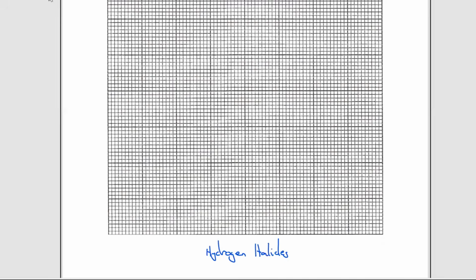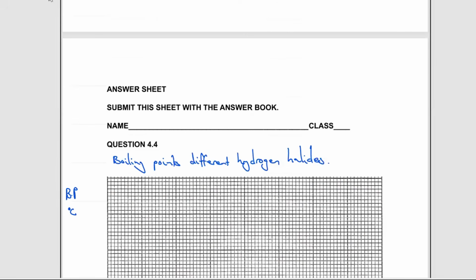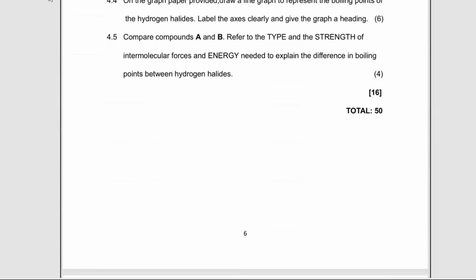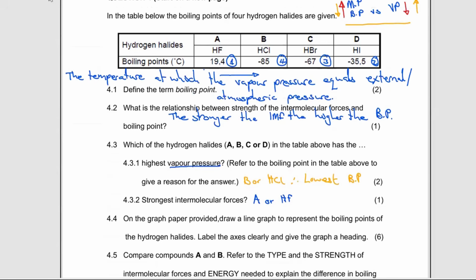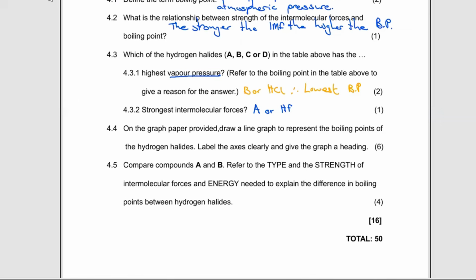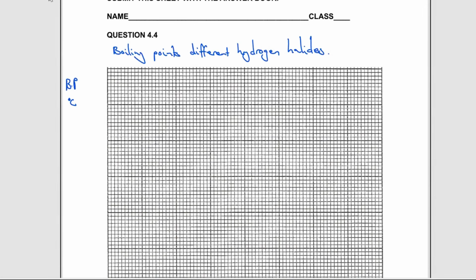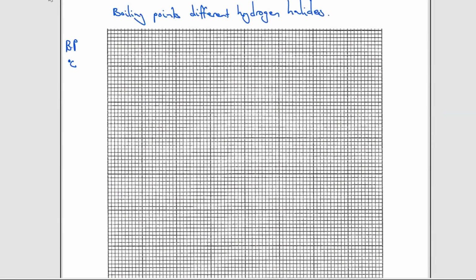Okay, so now we're supposed to plot the values. We're going to look at the lowest going to the highest, right? The lowest point is negative 85, and the highest temperature is going to be 19 degrees. So if we start there, let's say the highest temperature is going to be 20.